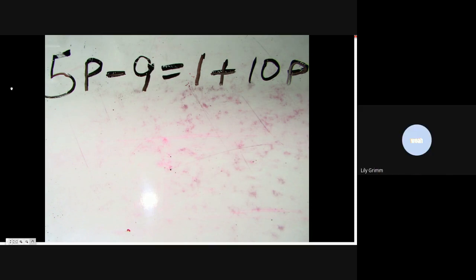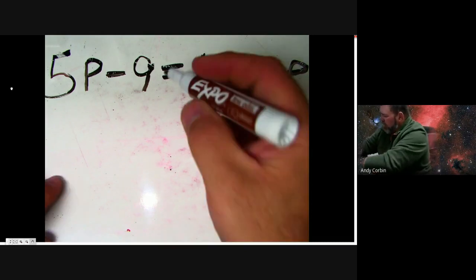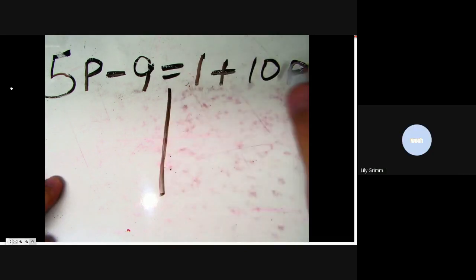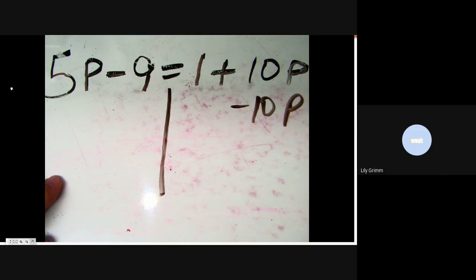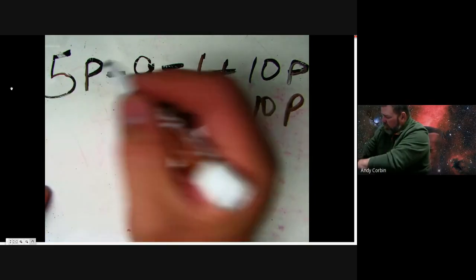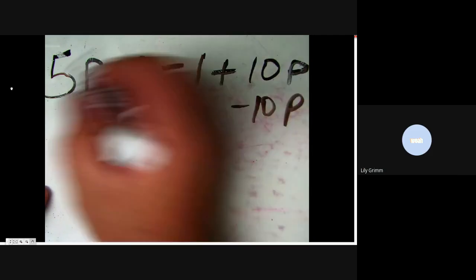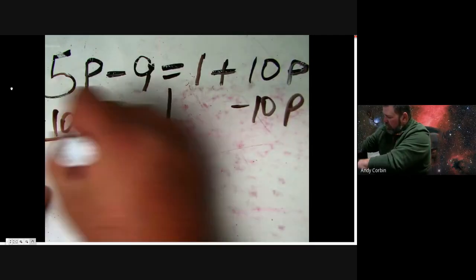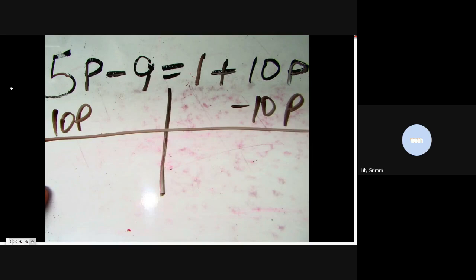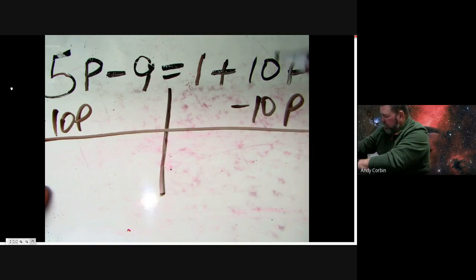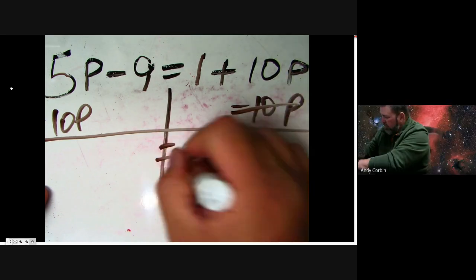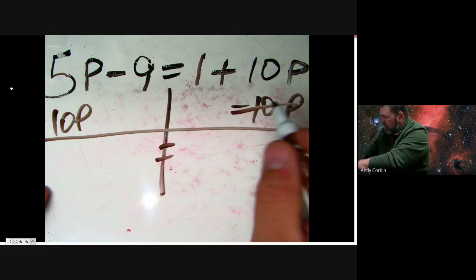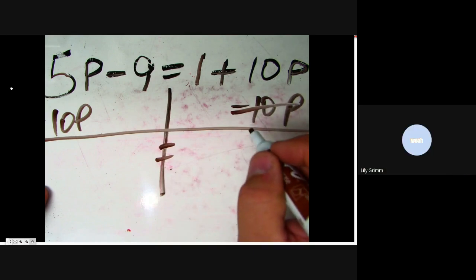So subtract 10p from 10p. Like this? Yeah. Okay. Then what do you want to do over here? Same thing. Subtract 10p. Like that? Yeah. Okay. What happens to the 10p's over here? To 0, it cancels out. Okay. So what's left on the right side? 1.